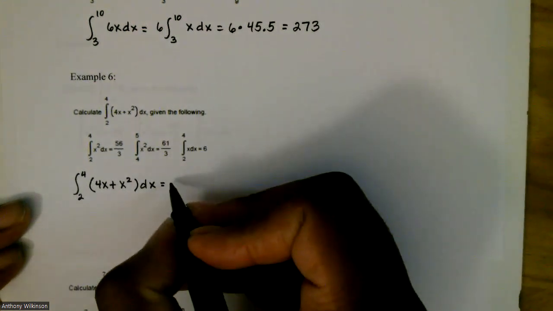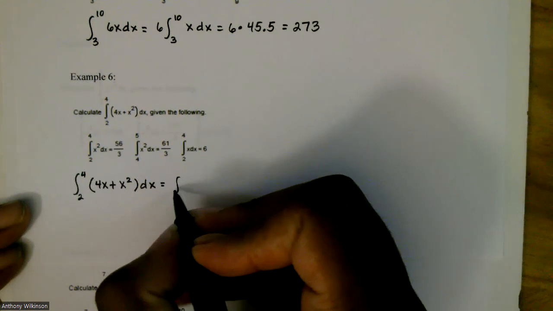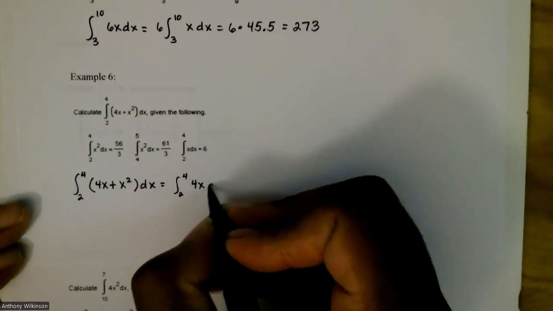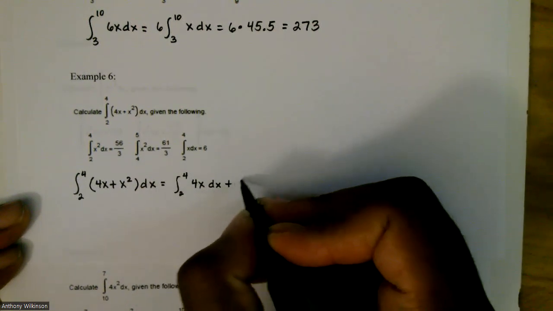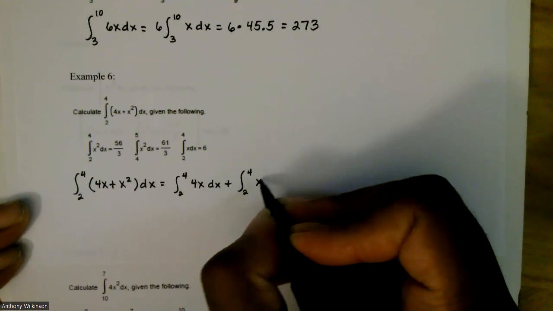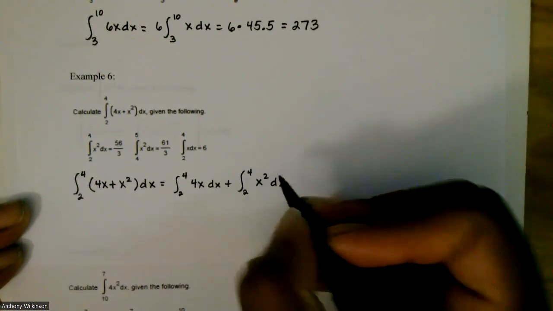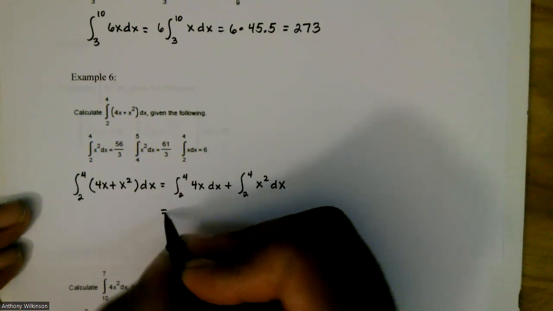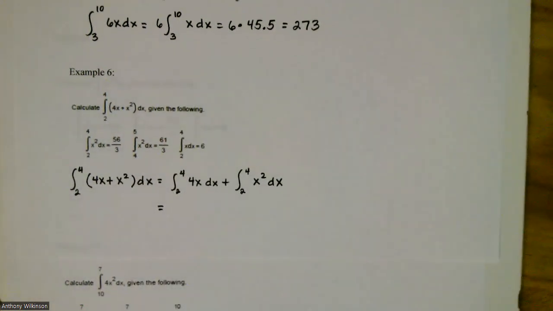So I can write this as the integral from 2 to 4 of 4x dx plus the integral from 2 to 4 of x squared dx. Okay, so in this case, I was using property number 4 of your definite integrals.